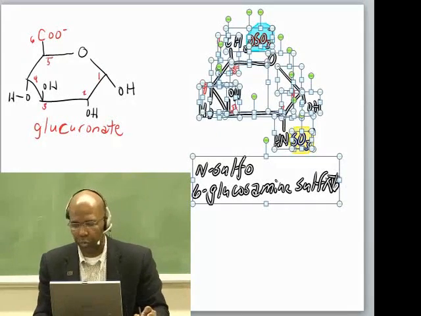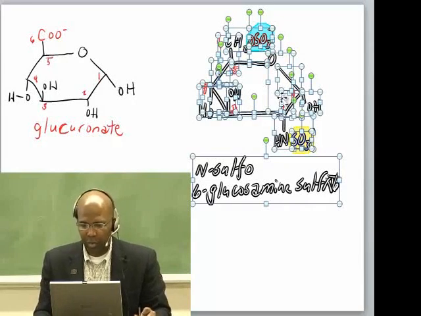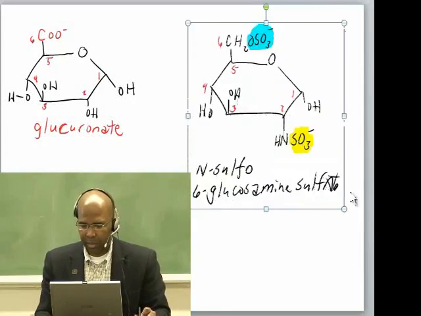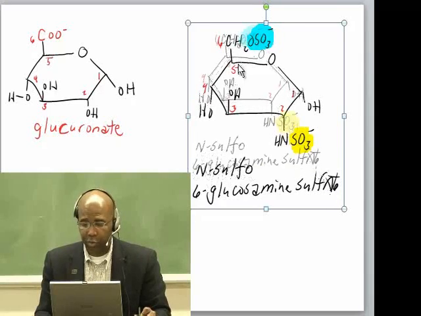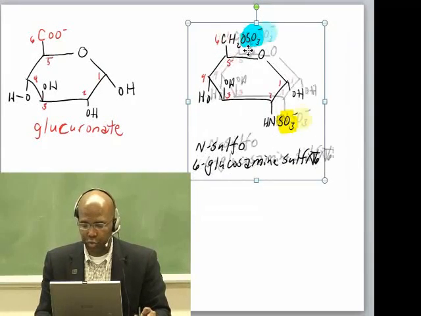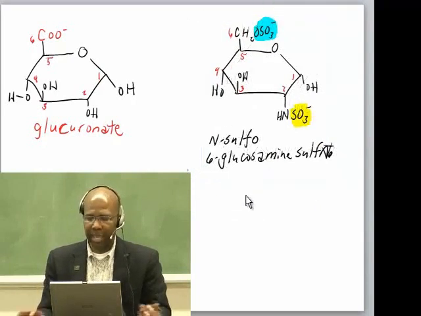Sulfates are SO4s. The sulfo here in this context is going to be an SO3. And so those are our two sugars that we're going to put together to make our disaccharide unit.